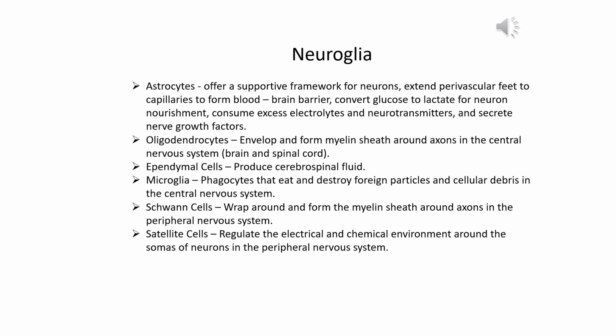The ependymal cells process the blood plasma such that it is of a different chemical makeup than just straight blood plasma, and so we call it cerebrospinal fluid. The function of the microglia I have already talked about.